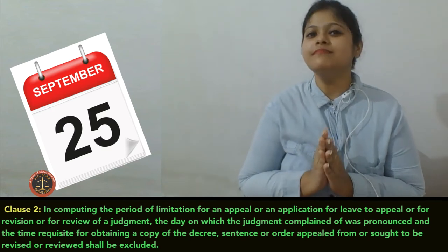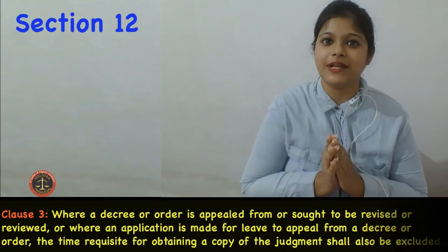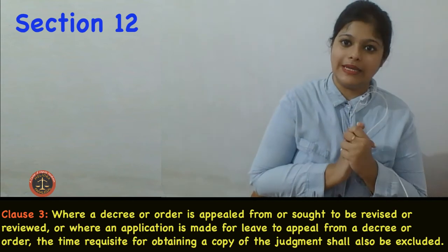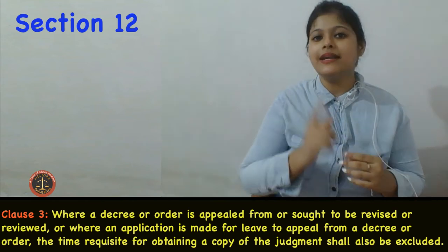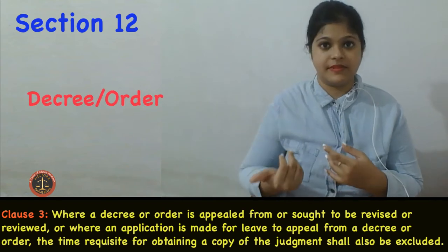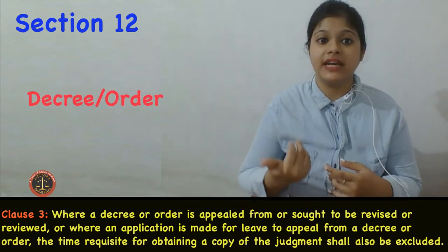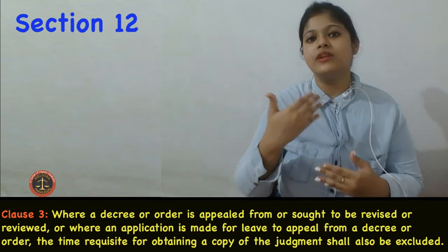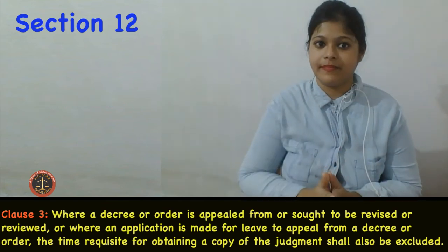Now we come to the third clause of section 12, which is also very similar to clause 2. However, the only difference is the term: instead of judgment, clause 3 uses decree or order, and the rest of the calculation will remain exactly the same.